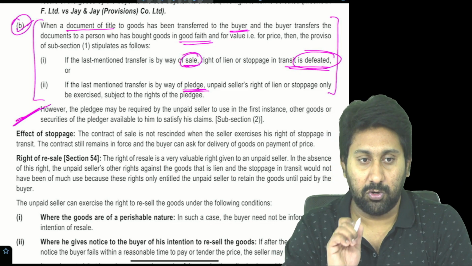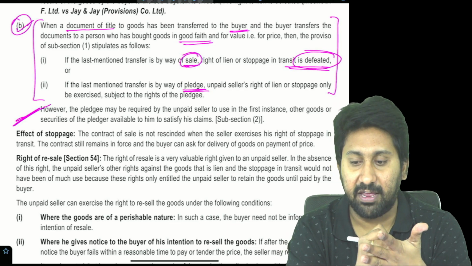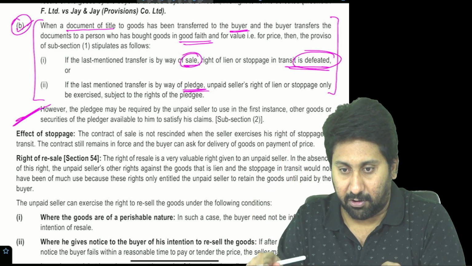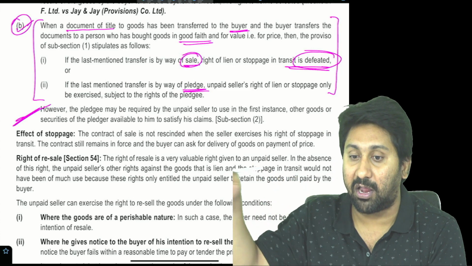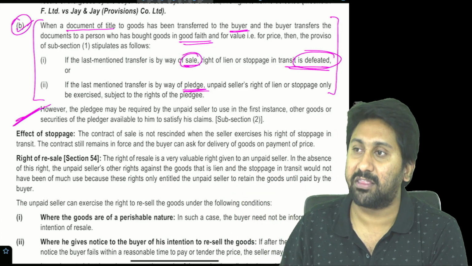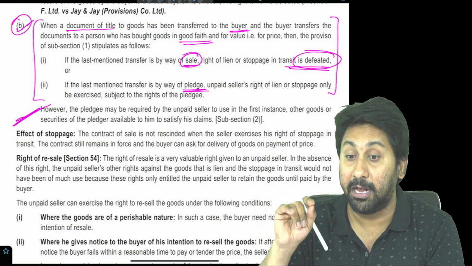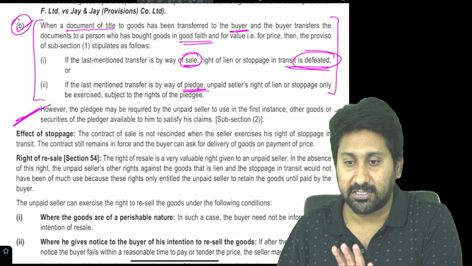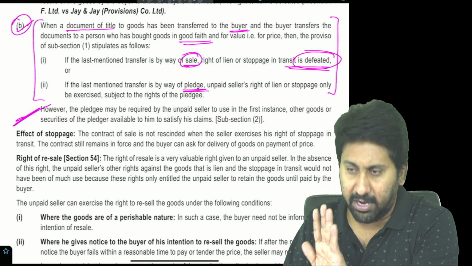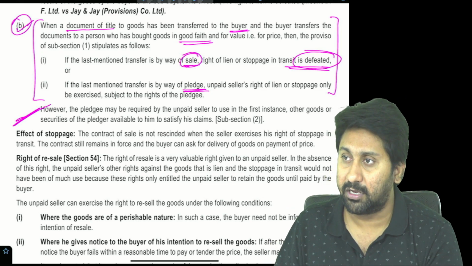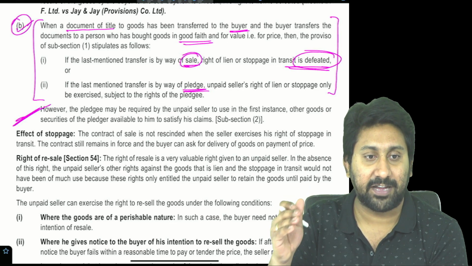So the carrier will give a paper called a DOT, document of title. In railways they will give RR, railway receipts, or in ships they will give BOL, bill of lading. All these are called proof of ownership. Whoever has this document, I will deliver goods to him. That's called a document of title.